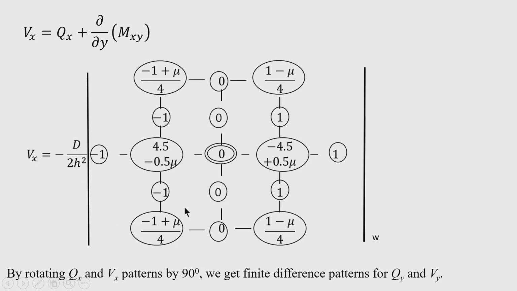If we want Vy, then just by rotating the pattern by 90 degrees, the finite difference for Vx, Qx, etcetera can be found, but mxy is equal to myx, so the expression for mxy will remain valid for myx also.